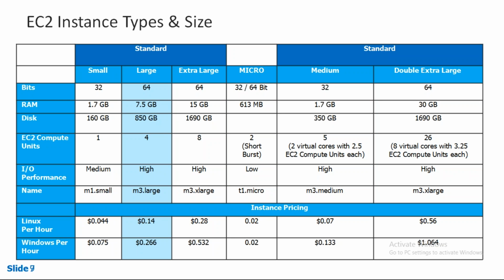We have something different from this. But pricing is this way. We always see pricing in this case like small, large, extra large, micro, medium, double extra large. Based on the configuration, the pricing will always be defined.